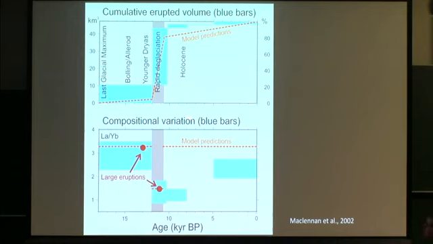Another important point is that during this time, the data again shown in these blue squares, there's a big change in the geochemistry of the eruptions. Materials erupted during glacial times, and to a certain extent in the later part of the Holocene, so the last 5,000 years, are what we call enriched, with high lanthanum/ytterbium ratios.